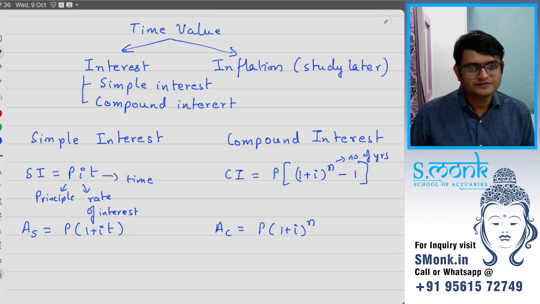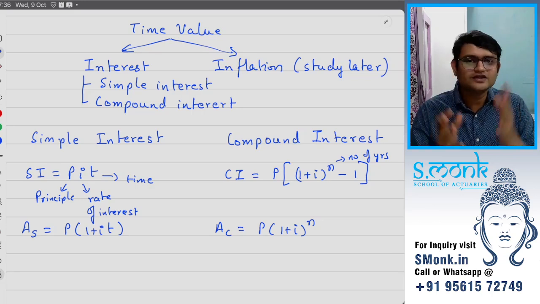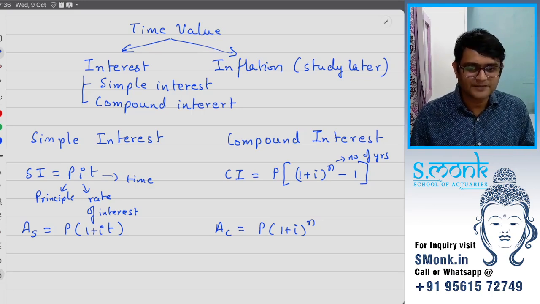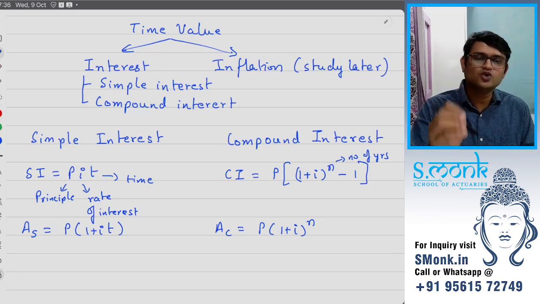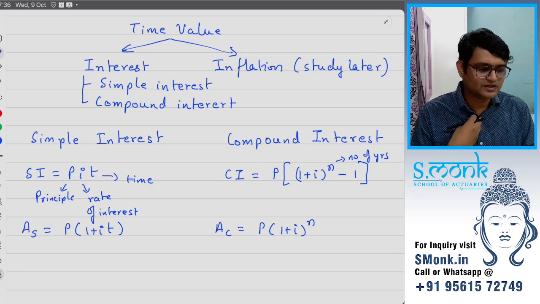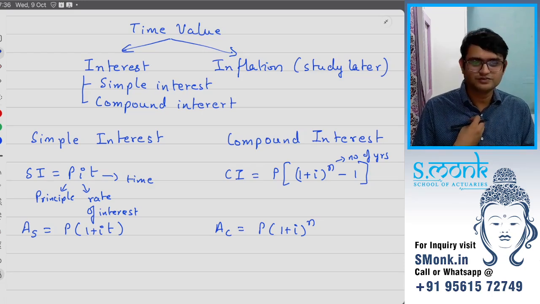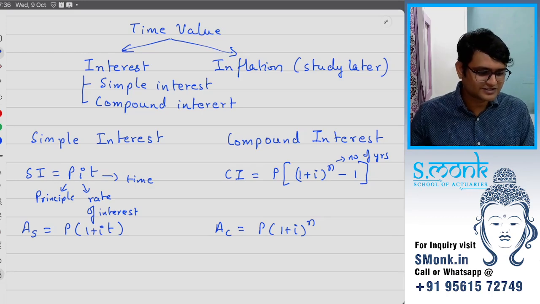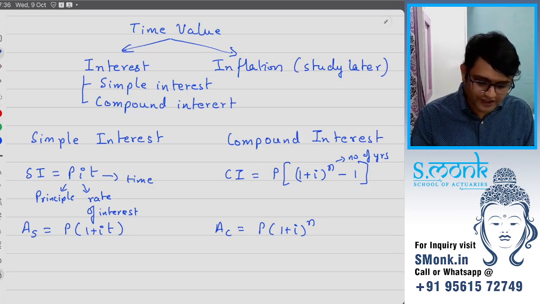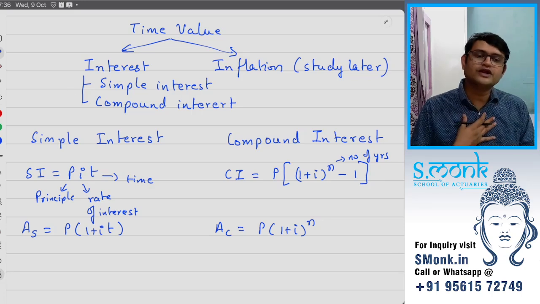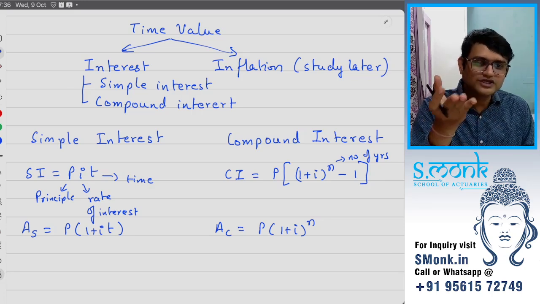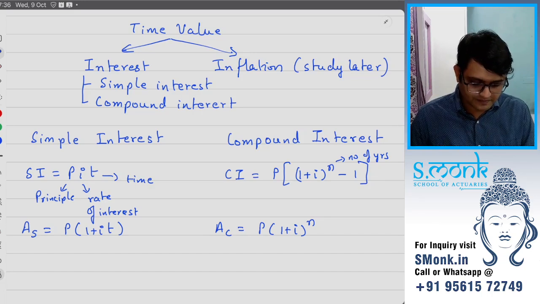Not really. Okay. See, because if somebody is earning interest, somebody is actually paying interest. It's not coming out of thin air. If you take a loan from me, I am earning interest, but you are paying that interest. So if I am earning more interest, then you are giving more interest to me.